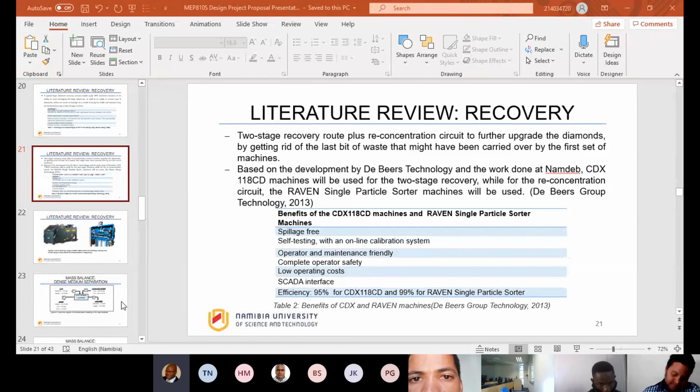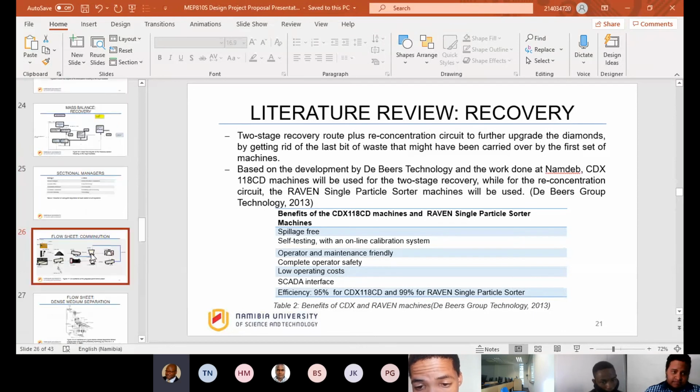Anyway, I've got a few questions. I know some of them I might have asked already, but I would be very happy to ask them again today. On the sizing, on the screening, I don't know why you picked 22 millimeters, for instance. There's a combination circuit that had a 22 millimeter cutoff point.